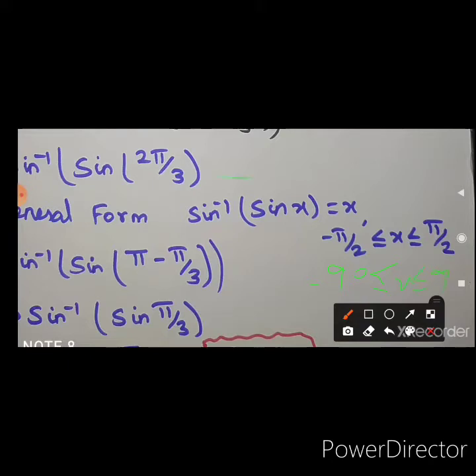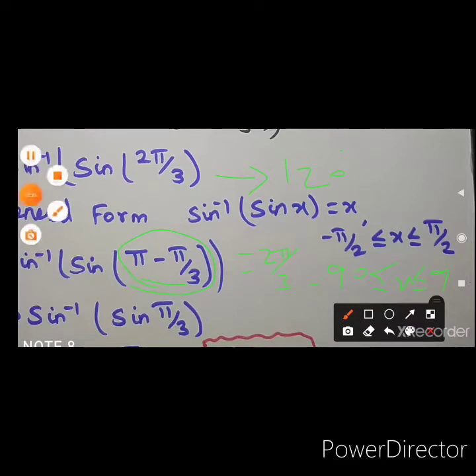But here 120 degree is there. So we split it as pi minus pi by 3, which is 3 pi minus pi by 3 equal to 2 pi by 3.